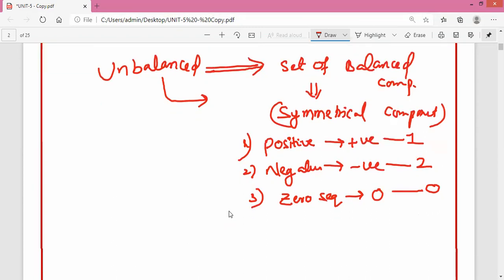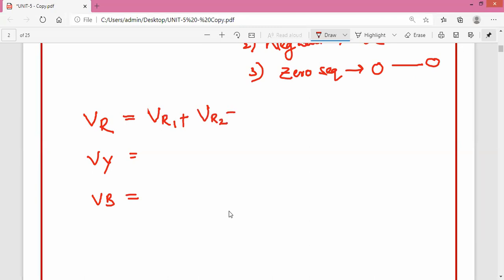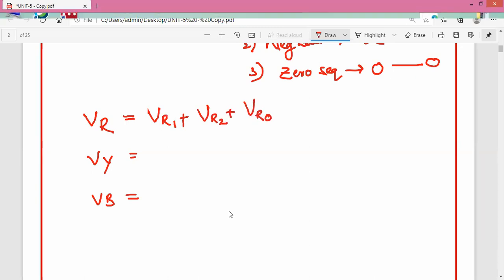As we discussed, for these unbalanced parameters, let us take voltage in the R phase, voltage in the Y phase, and voltage in the B phase. These became unbalanced because of the fault that occurred in the power system. How do we represent these unbalanced parameters with a set of symmetrical components? I represent them with a positive sequence, a negative sequence, as well as a zero sequence.